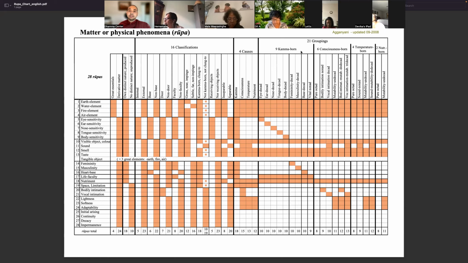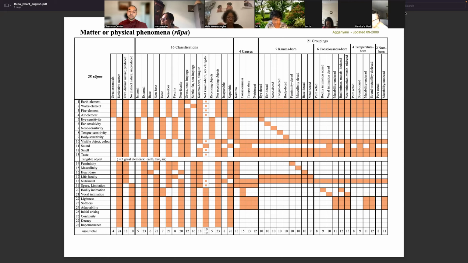Any theories? The nutrients are essential for sustaining the individual rupas, the rupa dharmas.